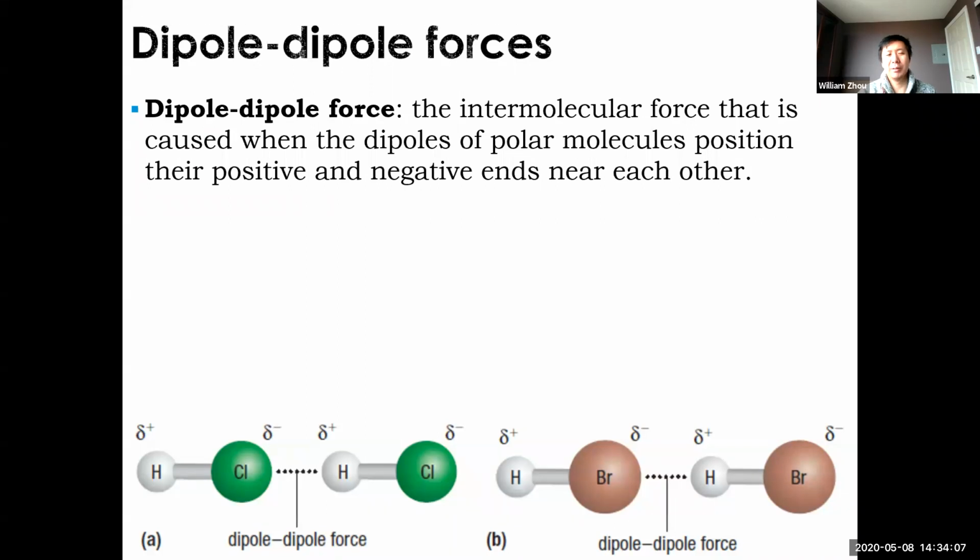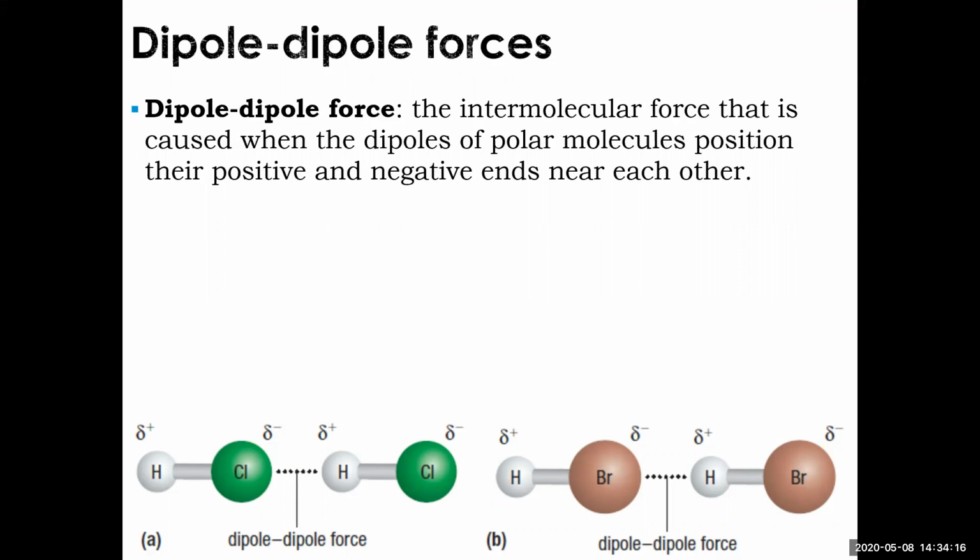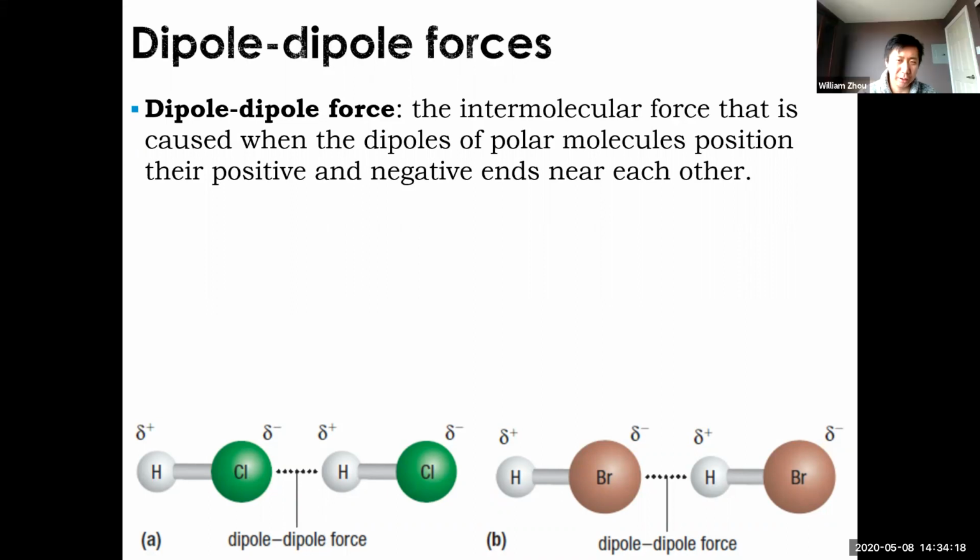All right, so the first one that we're going to look at is the dipole-dipole force. What is a dipole-dipole force? It is the attraction between two dipoles. How do you have a dipole? Well, you only have dipoles if you are a polar molecule. If you're non-polar, you have a net dipole of 0, you wouldn't have this force.